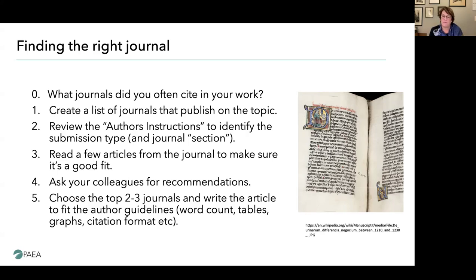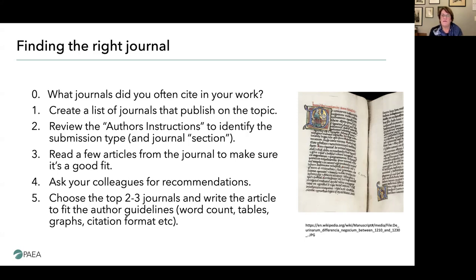So, for example, for JPAE, we have specific sections on academic law, lessons learned, or educational innovation. Those subsections may have very different guidelines than an original research article. And then read a few of the articles to make sure it fits that journal. And asking your colleagues and mentors for recommendations is another good way to find the right journal.